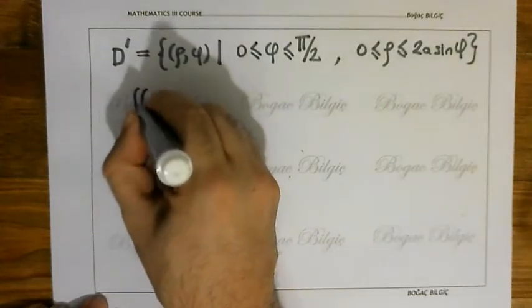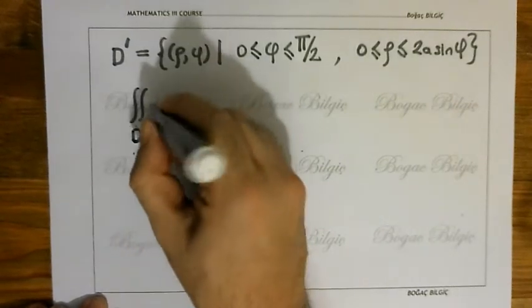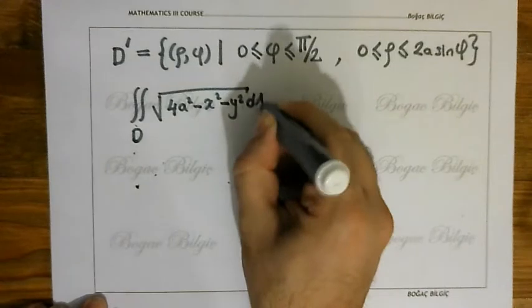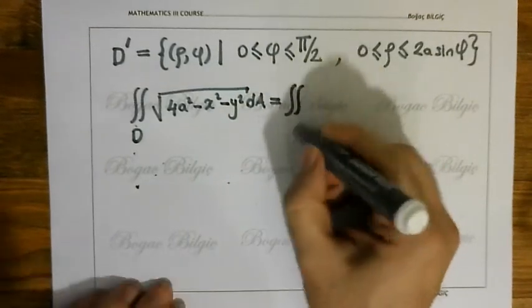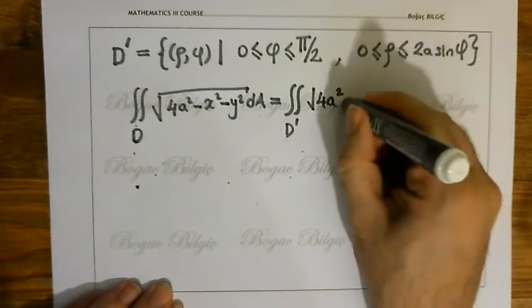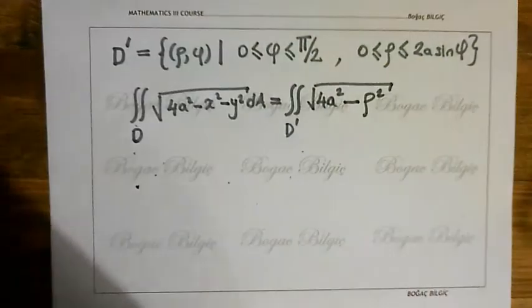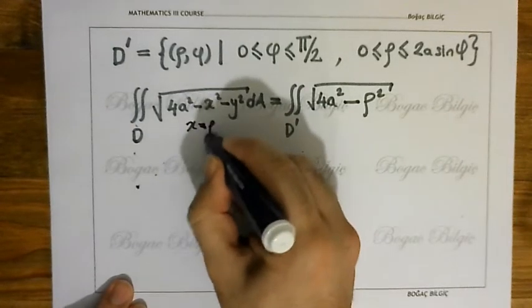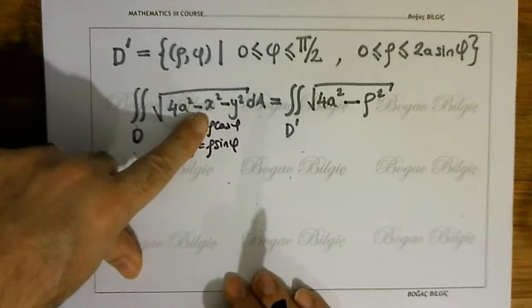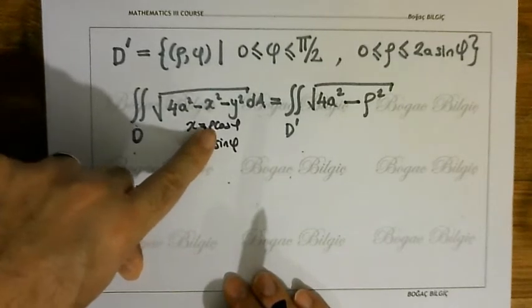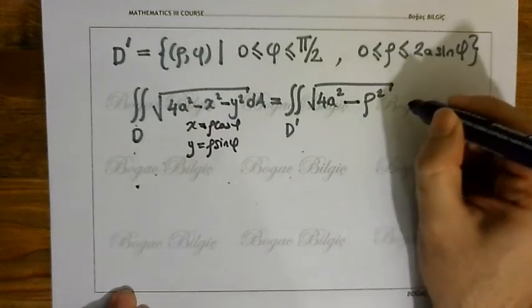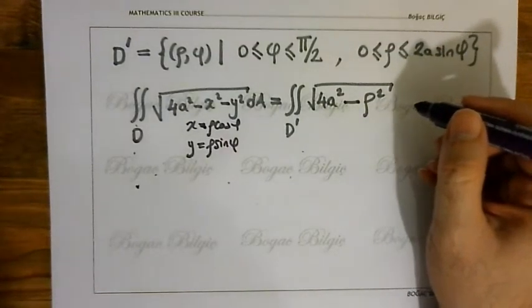We have the double integral on D of the square root of 4a² − x² − y² dA equals the double integral on the new D of the square root of 4a² − ρ², because we write x = ρ cos φ, y = ρ sin φ. ρ² cos² φ plus ρ² sin² φ, cos² plus sin² is 1, so ρ². And we remember the Jacobian.